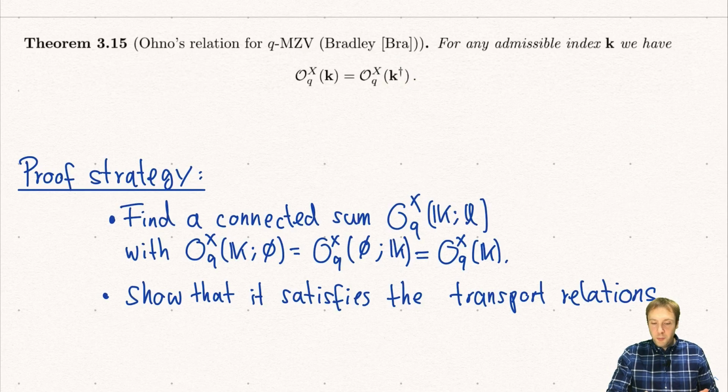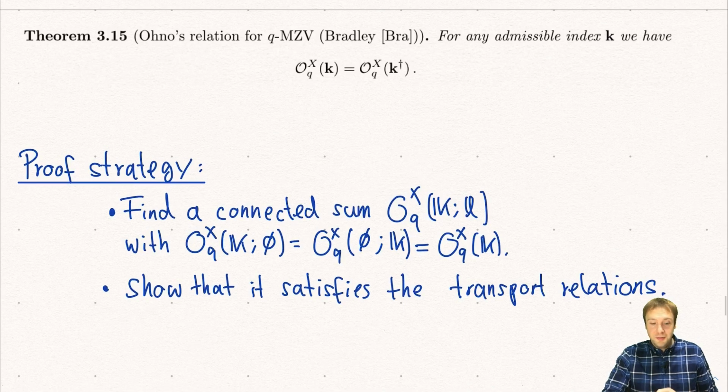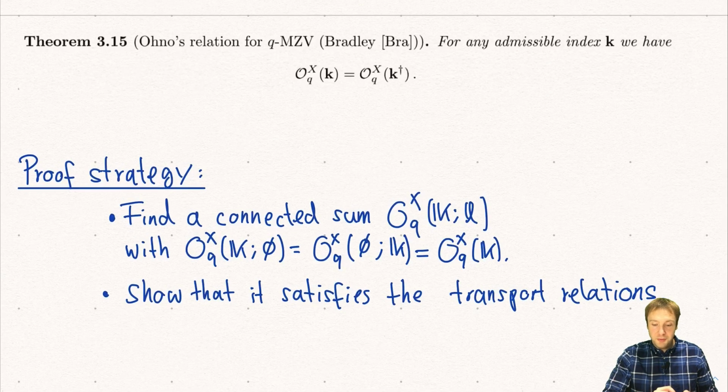Now we want to sketch the proof of this, and the strategy using connected sums is always as follows. The main task is to find a suitable connected sum, which basically means to find a good connector.